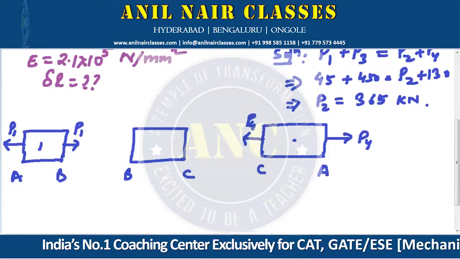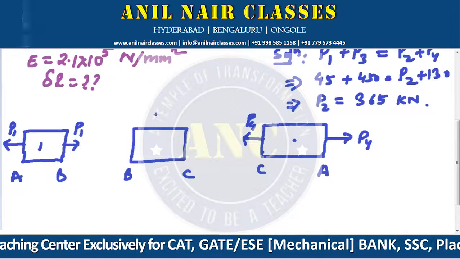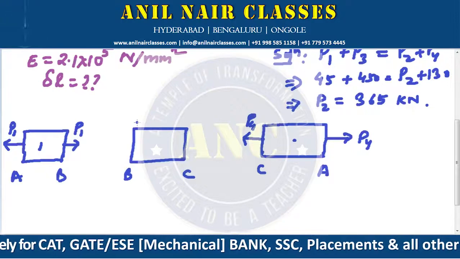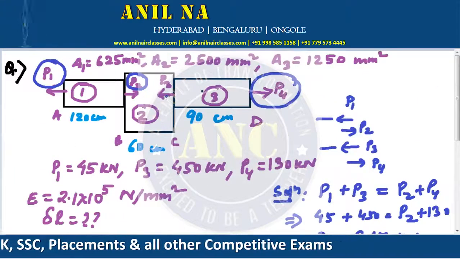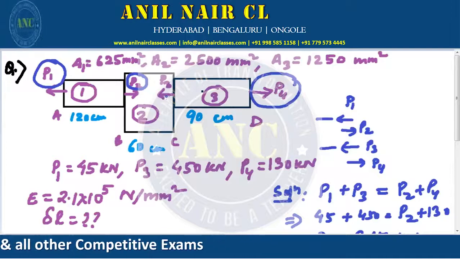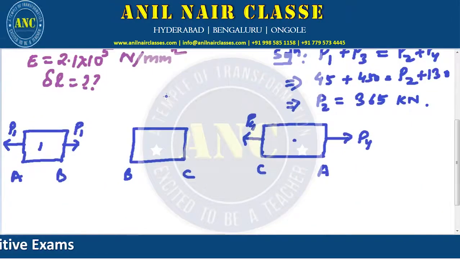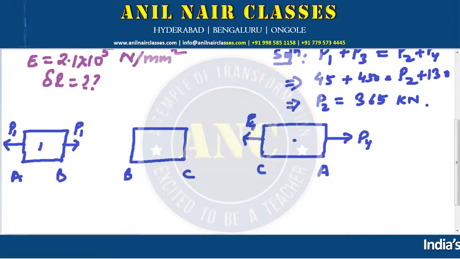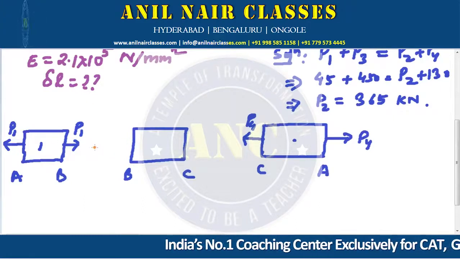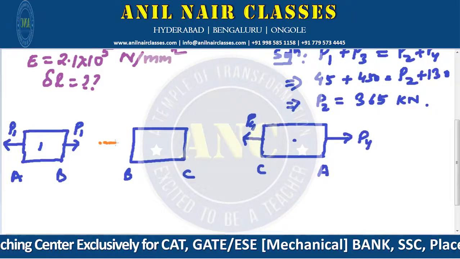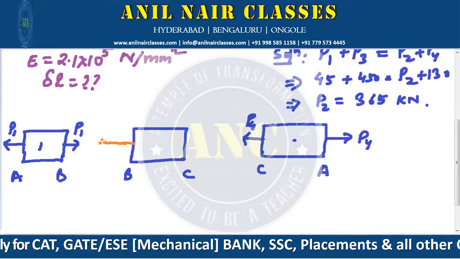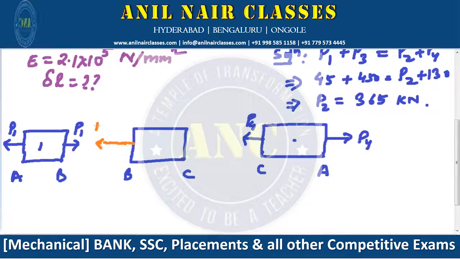Now once we have done this, in the middle we have P2 and P3, but I suggest you not to put these first. First put the reaction force. If you see, P1 is coming towards this B, B is a border to this, so there will be a reaction force, correct? Equal and opposite reaction. How much opposite reaction?